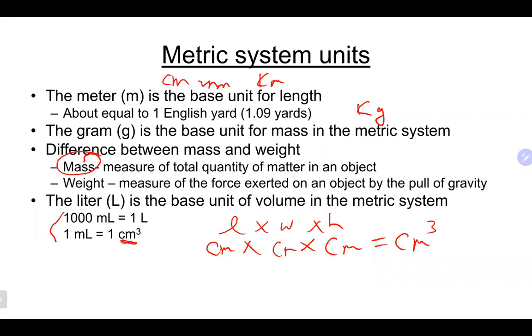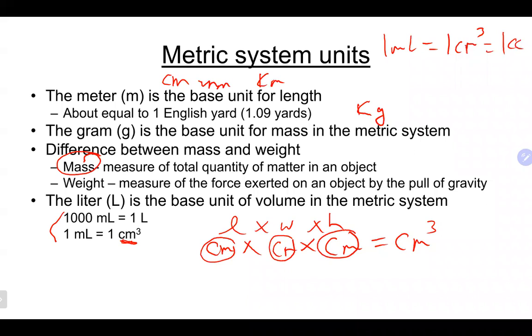So if you take 3 length measurements and multiply them together, you typically are talking about a volume. Each of the individual measurements there are actually measuring length, but if you multiply them all together, you will get a volume.